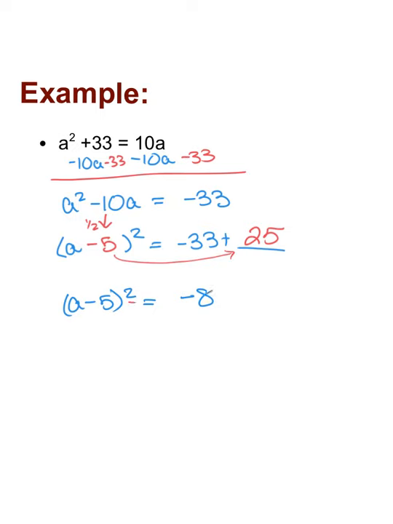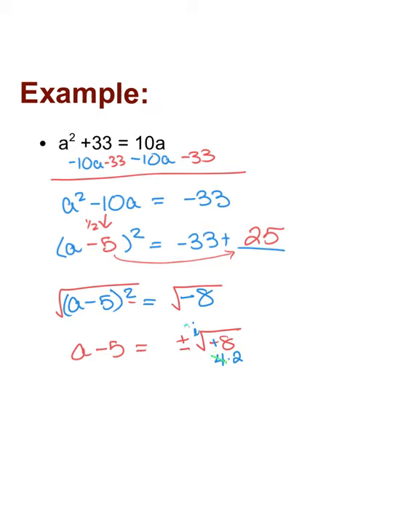To get rid of the squared, I'm going to square root both sides. So now I have a minus 5 equals positive and negative radical negative 8. Again, later on in the course, we are going to learn a negative radical makes an i. If you wanted to simplify this, 4 times 2 gives me 8.